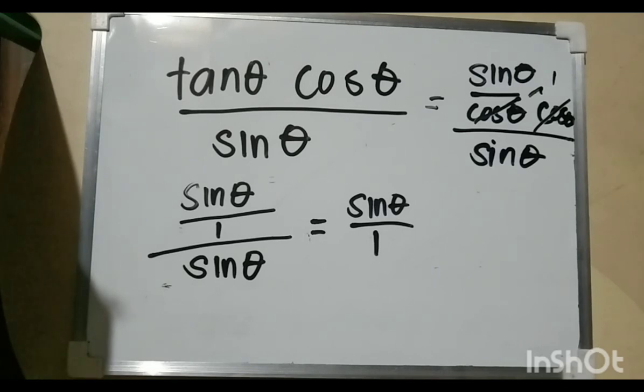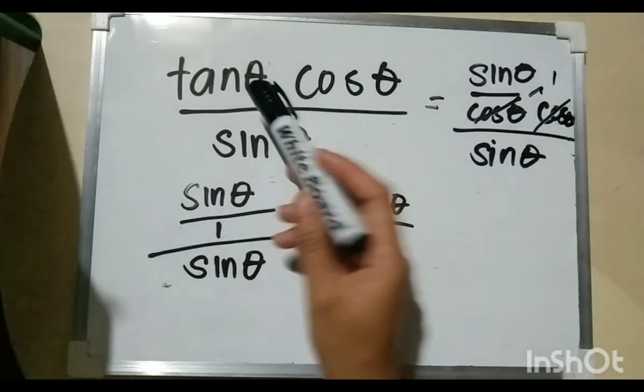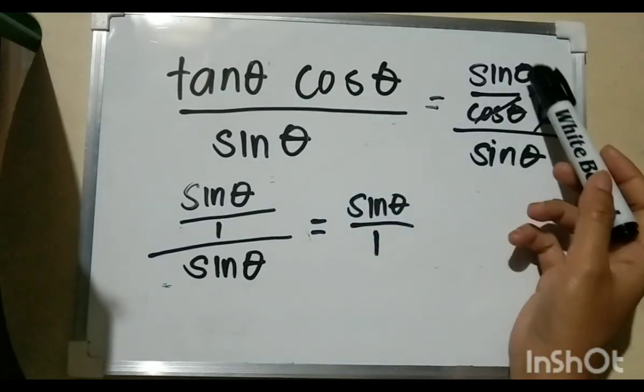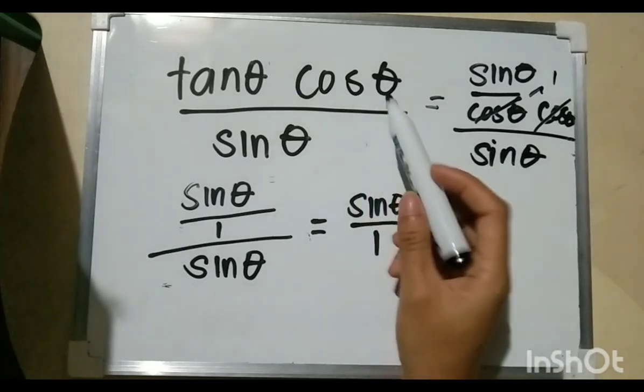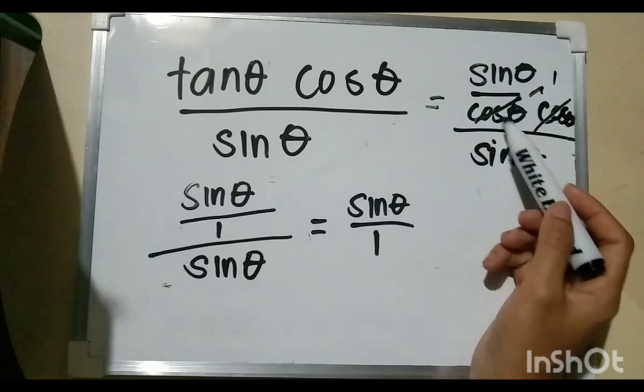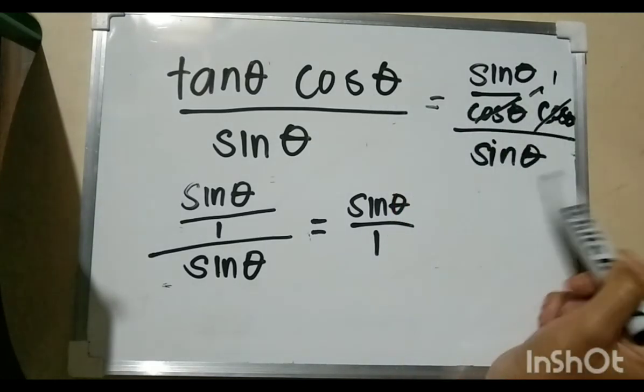By applying the quotient identities, we know that tangent theta is equivalent to sine theta over cosine theta. So what we will do next is copy the equivalent of tangent theta, and copy the cosine theta over sine theta.